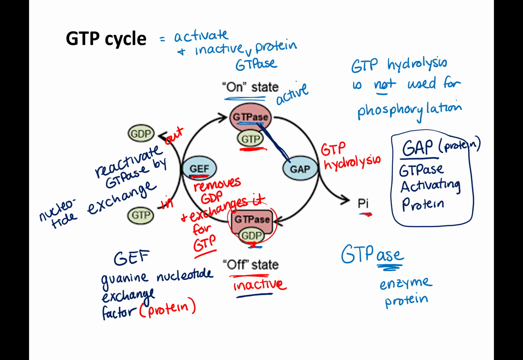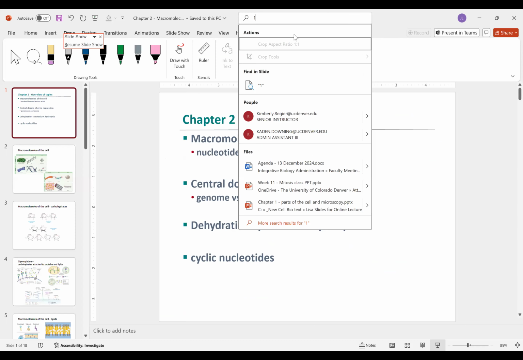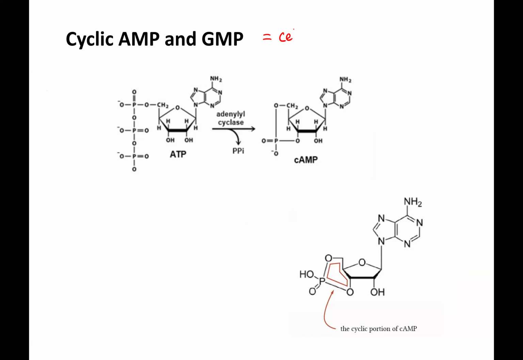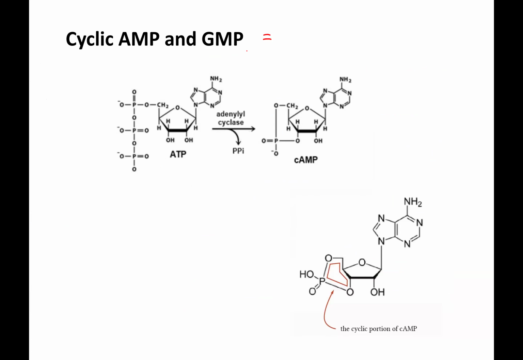Okay, one more concept for you that's probably new is this concept of cyclic AMP and cyclic GMP. And these are super important in cell signaling.